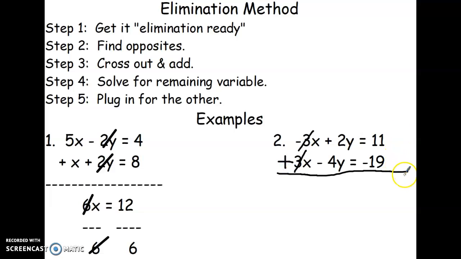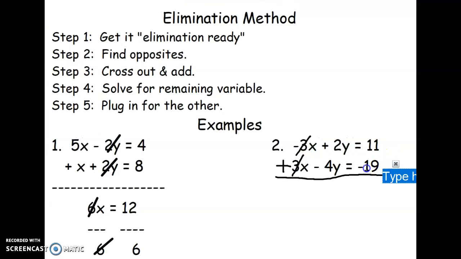Now I tell my kids this, I say you add unless they say subtract. And so this says 2 plus a negative 4, or you could just say 2 take away 4. 2 take away 4 gives you what? Yep, it gives you a negative 2.